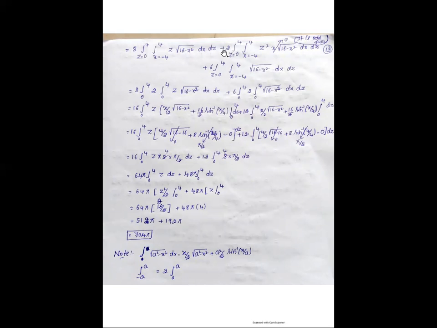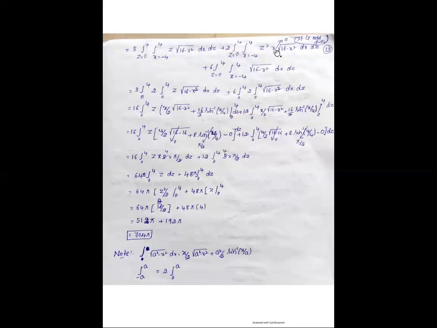Plus the second term, take product, 2 into integral of 0 to 4, minus 4 to 4, z square x into square root of 16 minus x square dx dz. Product 2 into square root of 16 minus x square into the third term 3, 2 into 3 is 6, constant, take outside, 0 to 4, minus 4 to plus 4 square root of 16 minus x square dx dz.